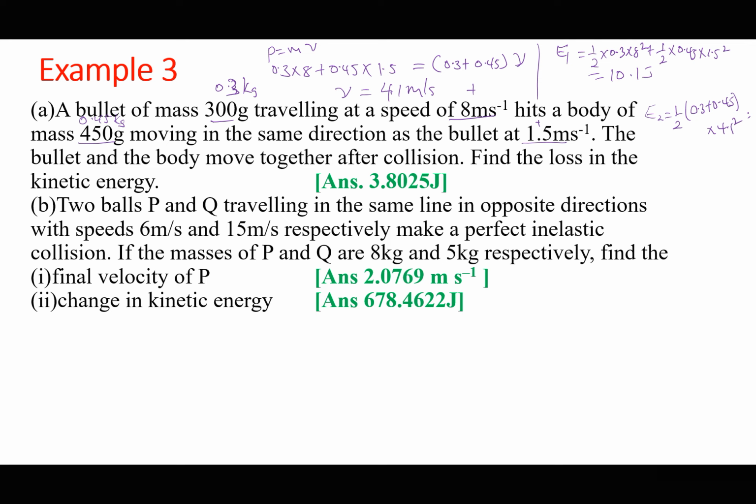So 0.5 into 0.3 plus 0.45 times v squared gives the energy after the collision. So the loss in energy is going to be the difference between these two, the initial energy minus the final energy.